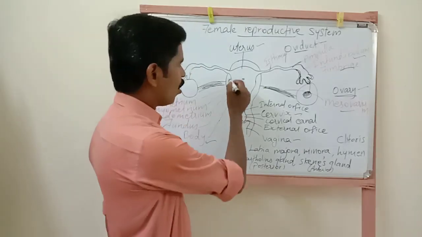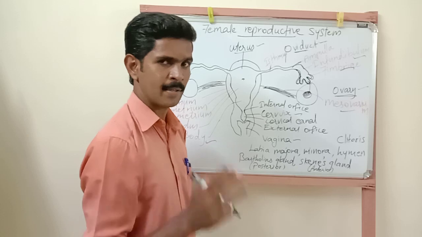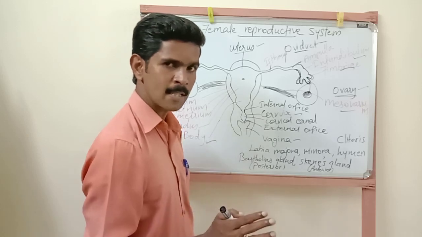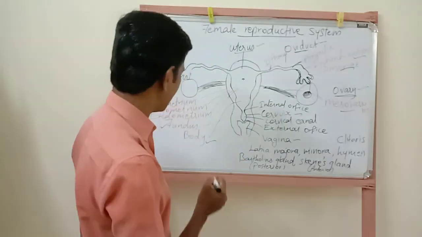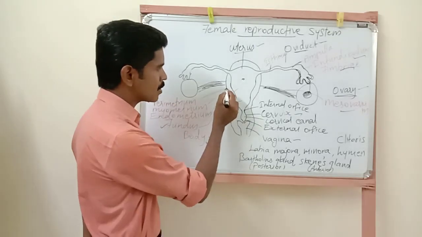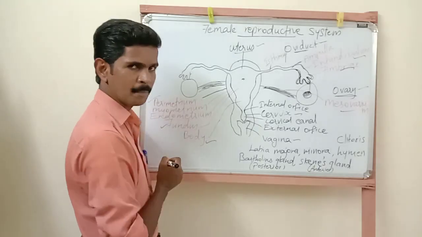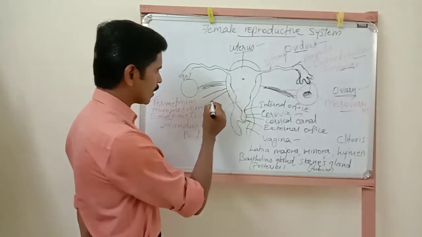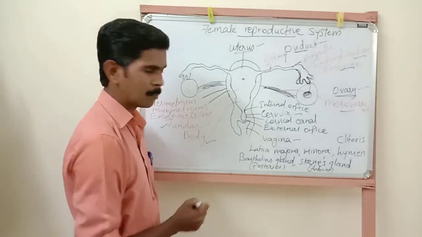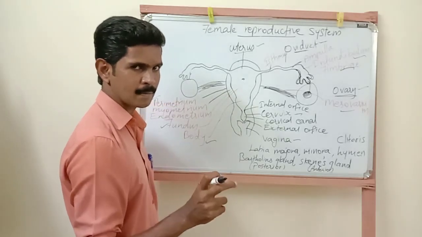Then the wall of the uterus is made up of three layers. Listen very carefully. One is perimetrium, the outermost layer, a very thin layer. The middle layer is called myometrium. Myometrium is a thick layer and it is fully made up of muscles.